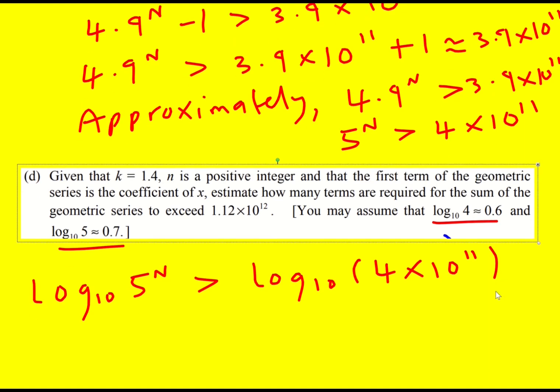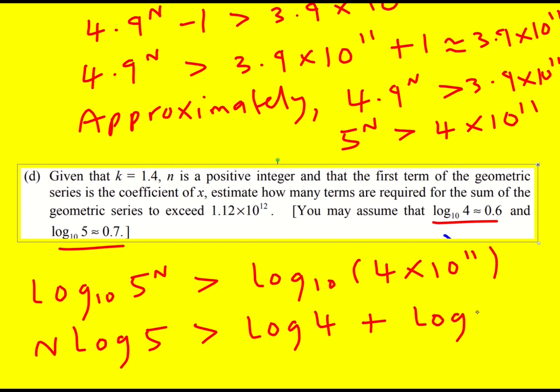And that means n log 5, remember that when you write log 5 you typically mean base 10, is going to be bigger than log 4 plus log 10 to the 11, using my rules of logs for multiplying these two. And with 10 to the 11 you can bring the 11 down like this.